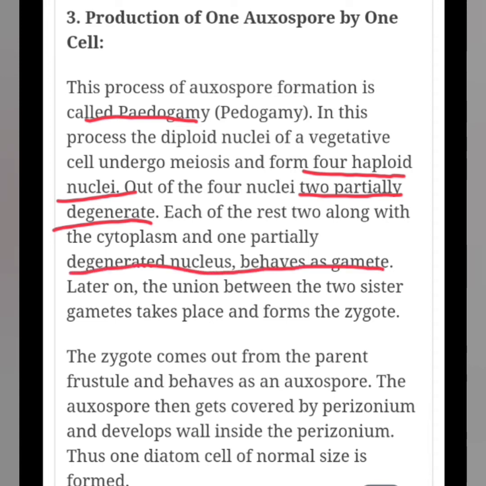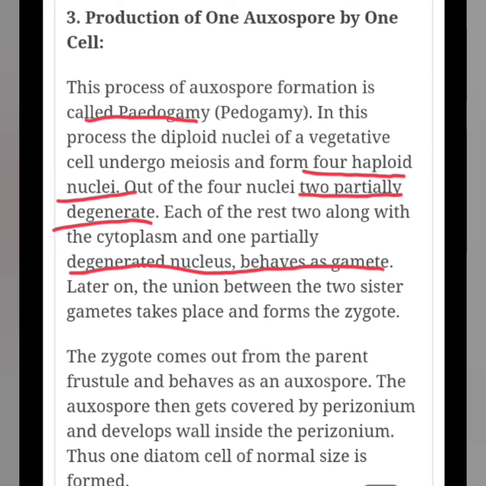Later, the union between the two sister gametes takes place and forms the zygote. So just remember, out of the 4 nuclei, 2 will partially degenerate.